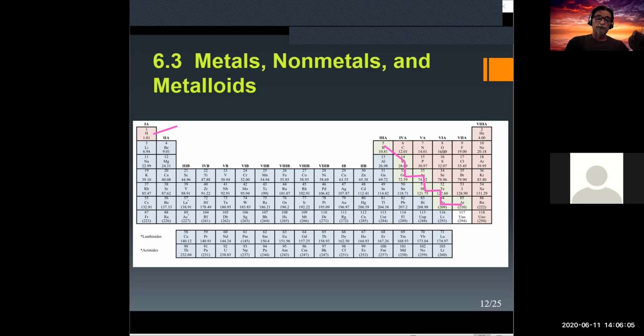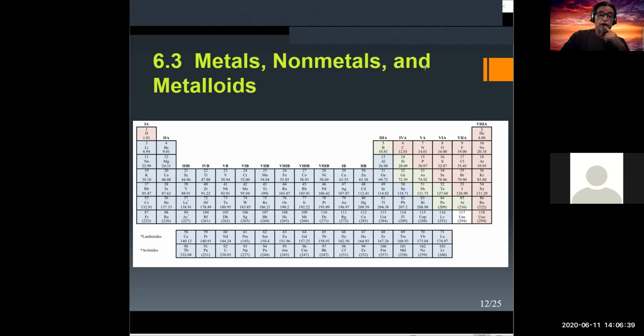And 1, 2, 3, 4, 5, 6, 7, 8, 9, 10, 11, 12, 13, 14, 15, 16, 17, 18 nonmetals. Okay, and the rest of them are metals. All right, so be familiar with that because that will help you out quite a bit in the next chapter to classify the type of compounds that we work with.